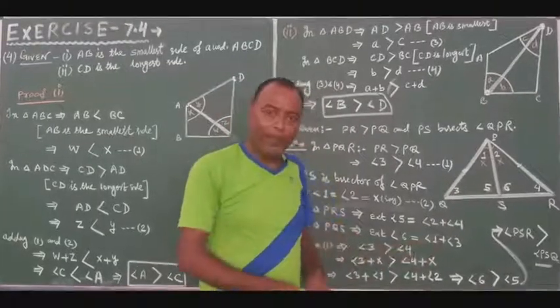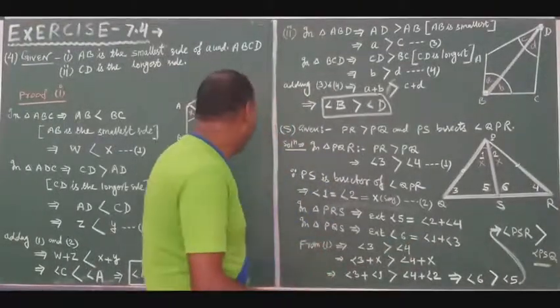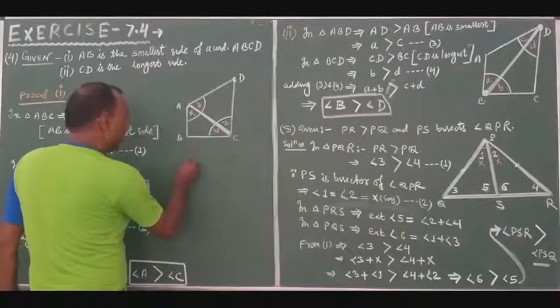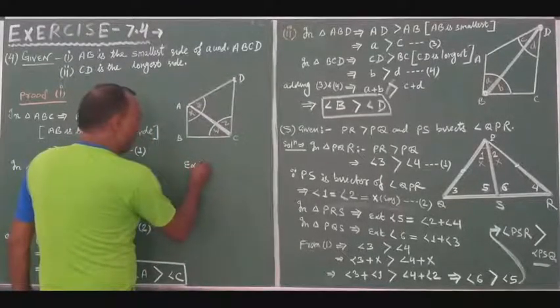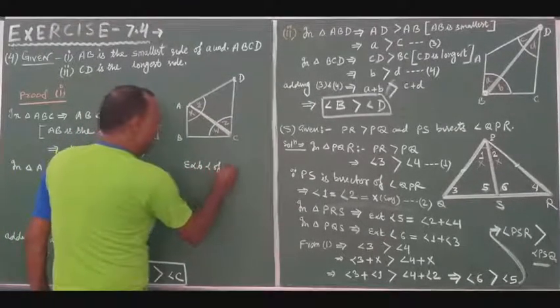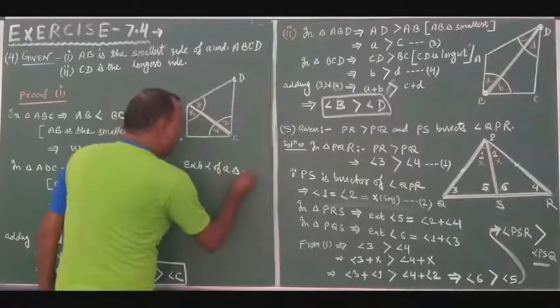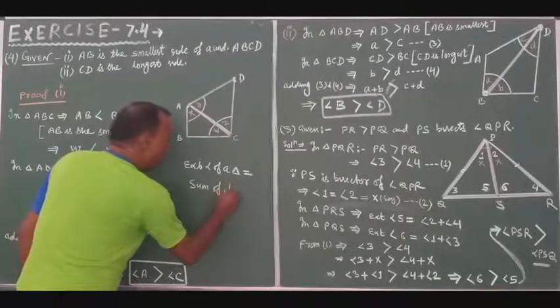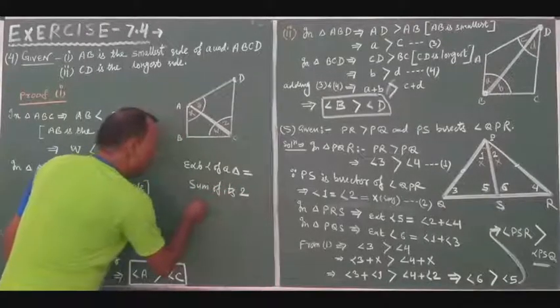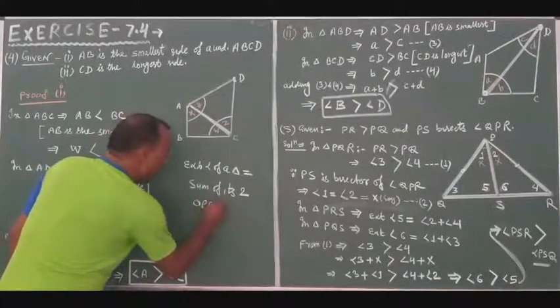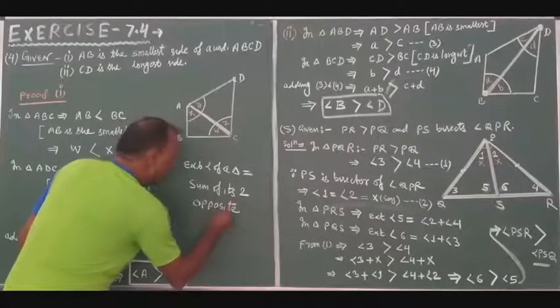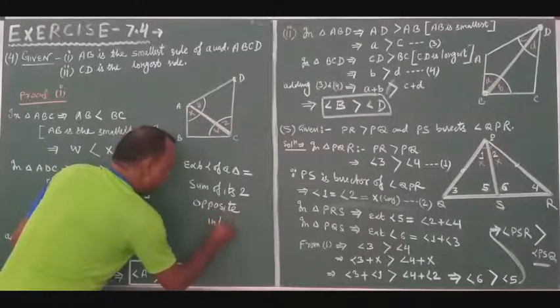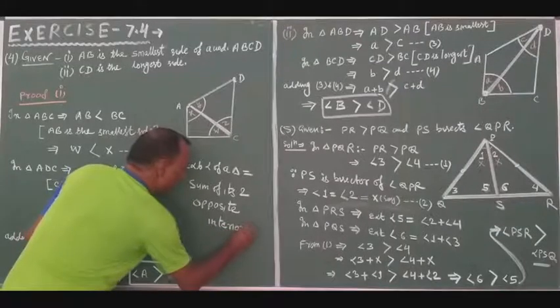Is it okay? Because the exterior angle of a triangle is equal to the sum of its two opposite interior angles.